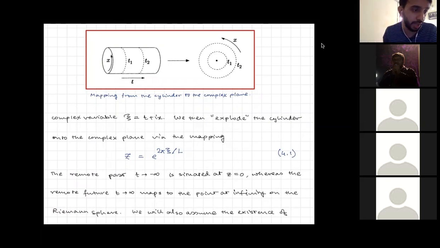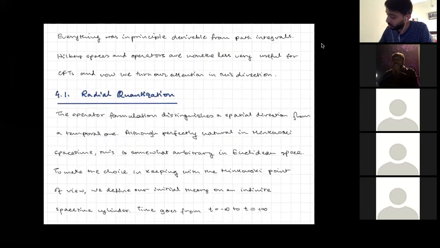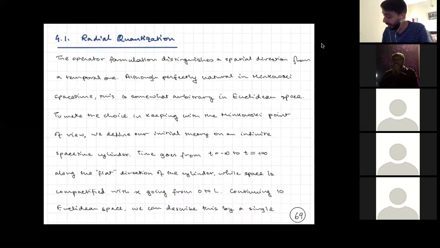You don't want closed timelike curves. So the uncompact direction is your time direction. That sort of naturally distinguishes between your space direction, which is now identified, and your time direction, which is unidentified. Okay, so we're going to naturally define things on a cylinder, and time here goes from minus infinity to plus infinity, along the flat direction of the cylinder, while the space is identified. So x goes from 0 to L.